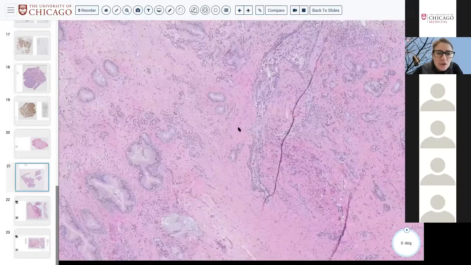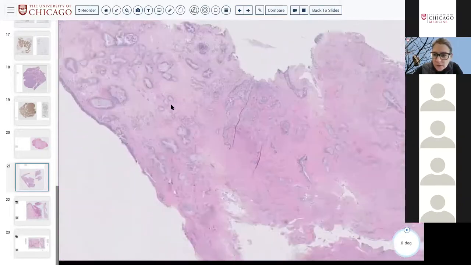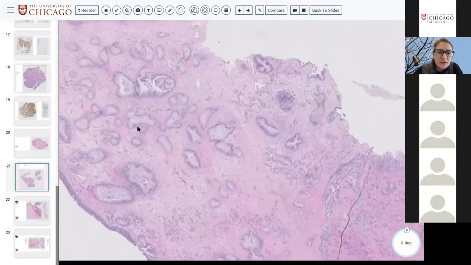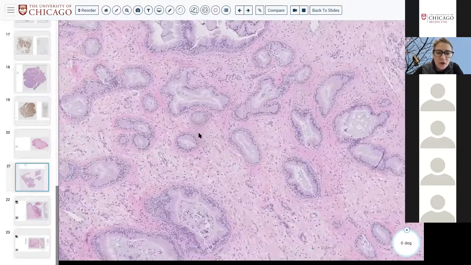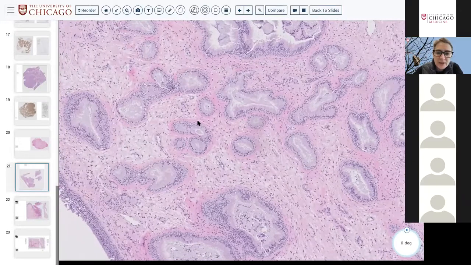All right, so I agree with your description. You see an invagination of surface columnar ciliated respiratory type epithelium, which can be very complex, can be surrounded by more eosinophilic basement membrane-like material, which is what I'm trying to point out here.